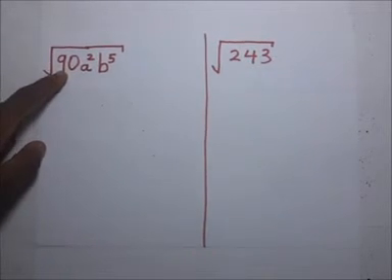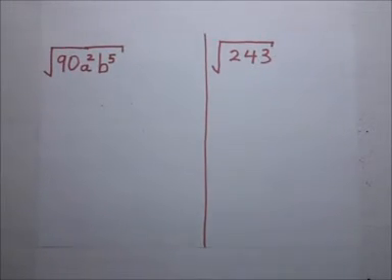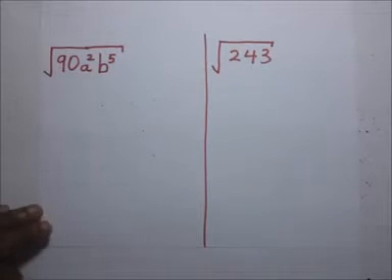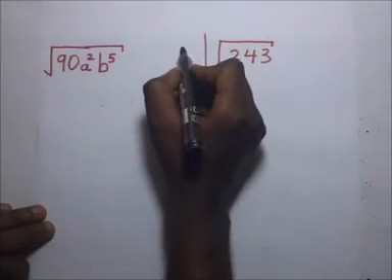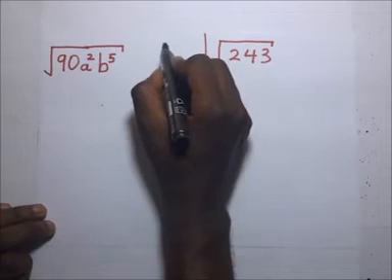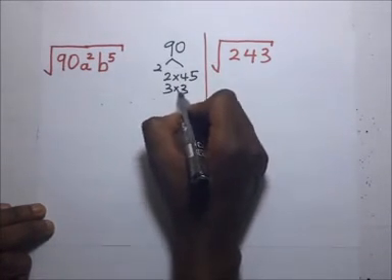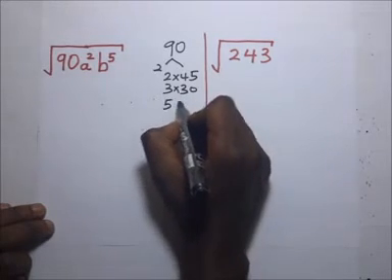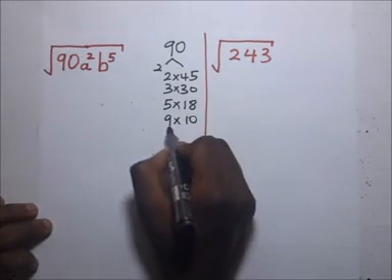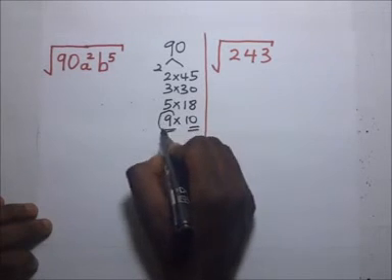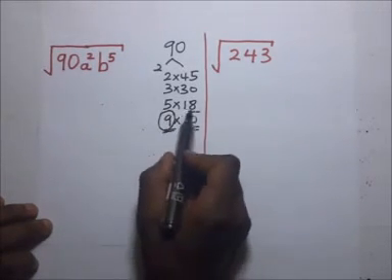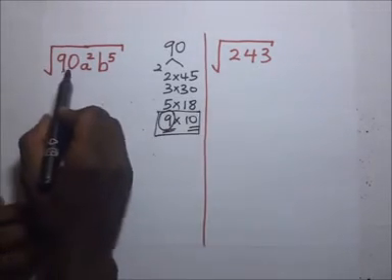we look for factors of 90. Which of the factors of 90 have a perfect square? We can have 2 times 45. We have 3 times 30. We have 5 times 18. We have 9 times 10. And 9 is a perfect square. So we are going to choose this and replace it with that.